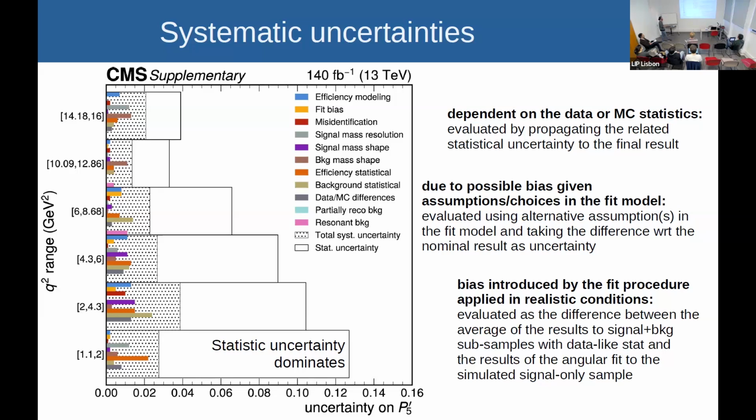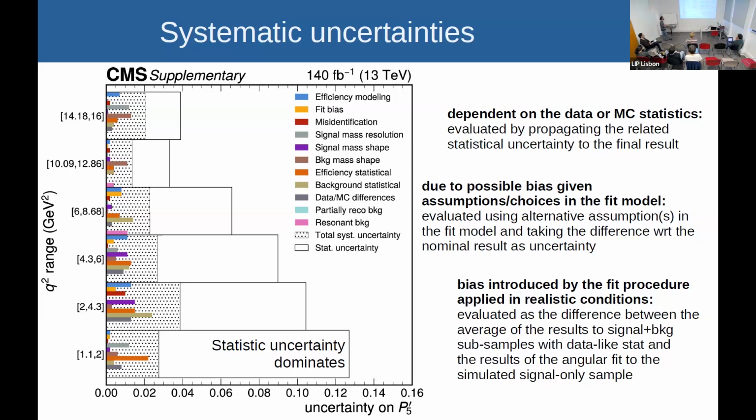There are some systematics due to possible bias given the assumptions or choices that we make in our models. When we choose how to model a distribution, we could introduce these biases, so we usually try different models, different shapes, and we build systematics for this. And finally, some biases are introduced by actually performing a fit procedure under realistic conditions.